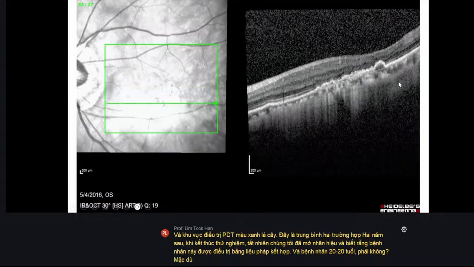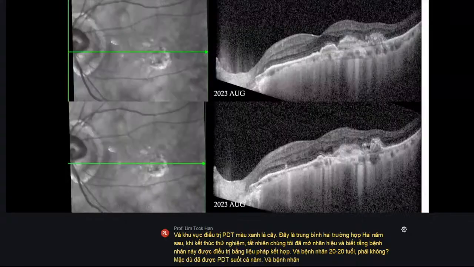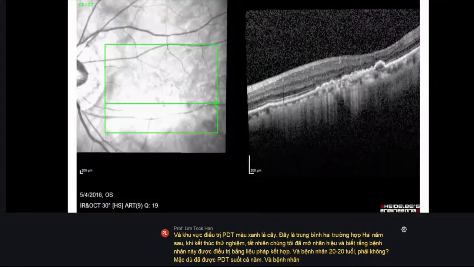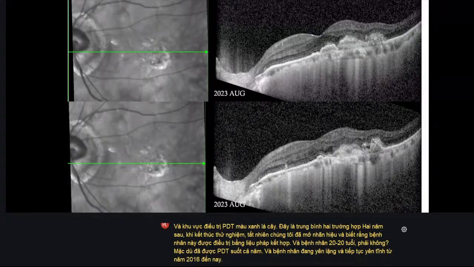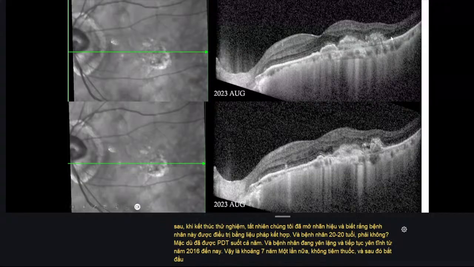the fovea. And the patient is quiescent, and the patient stayed on being quiescent from 2016 to 2023. So that's about 7 years, again, no injection, and then started to have a recurrence at the edge here.